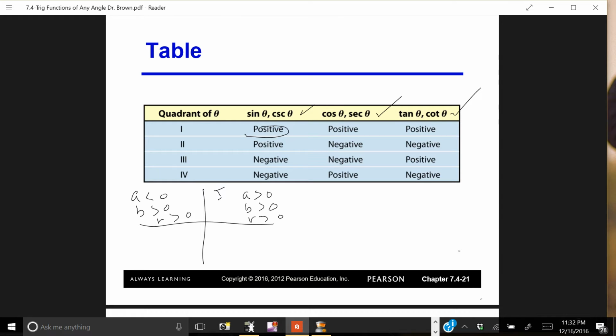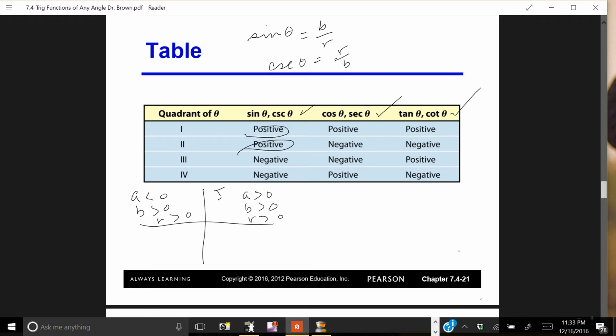So here, the sine of theta, which is b over r, and cosecant theta, which is 1 over sine theta, or r over b, are all going to be positive.